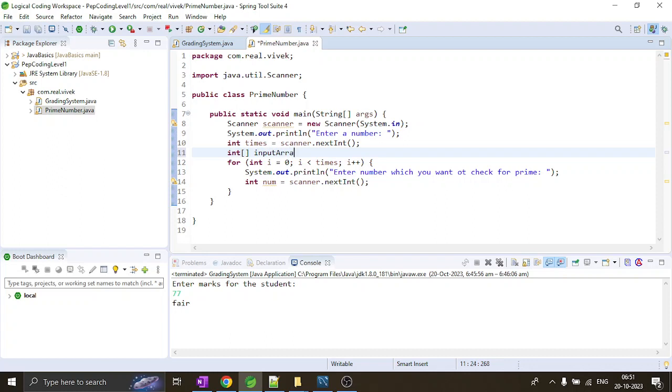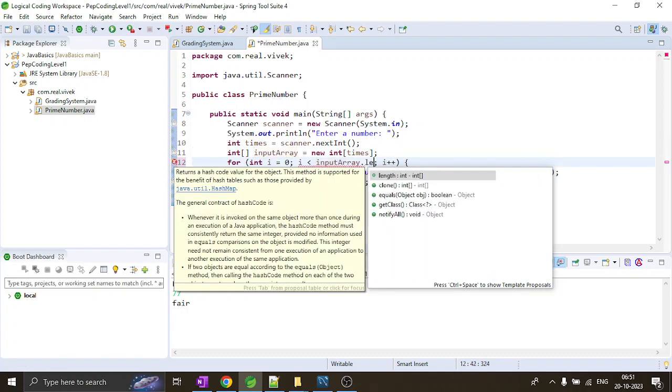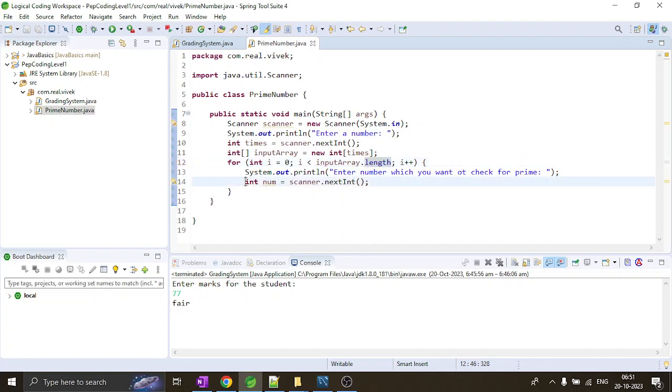Input array is equal to new int, and the size will be that of the times, the int times that we get, and we will have a final variable called length. We'll be iterating over this array to get the number you want to check for prime, and then we'll take the input as input array of i.